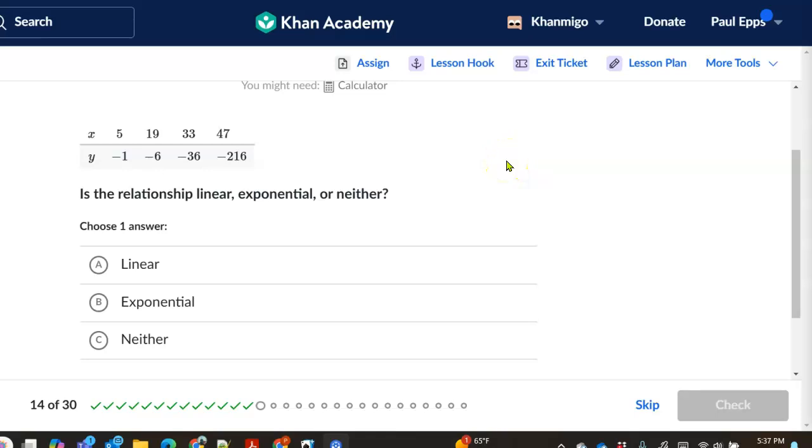What I'm seeing here is the numbers that we have for x are going up by 14. So add 14 every time. And then I'm seeing the y variables are being multiplied by 6 every time. So that is an exponential relationship.